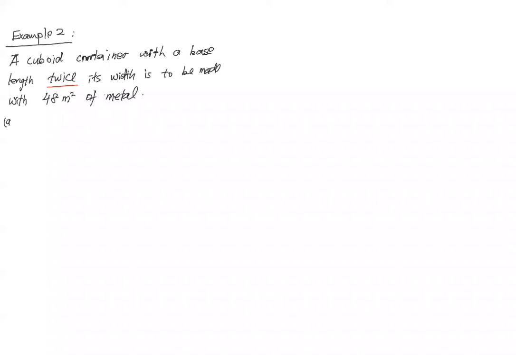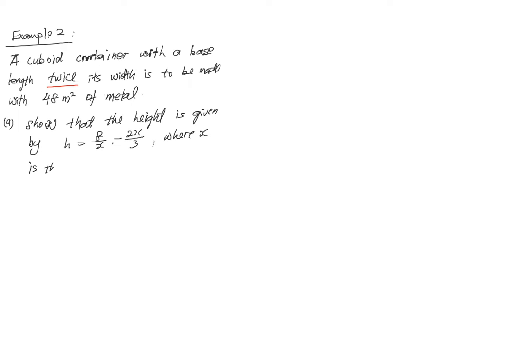A. Show that the height is given by h equal to 8 over x, take away 2x over 3, where x is the width of the base.